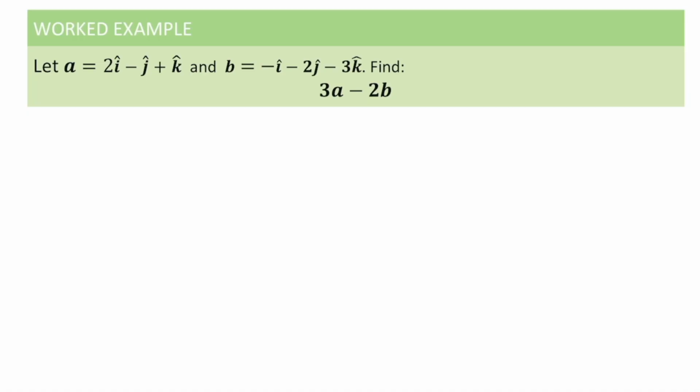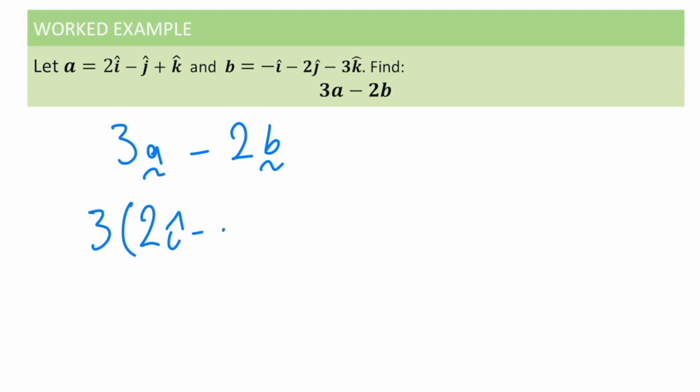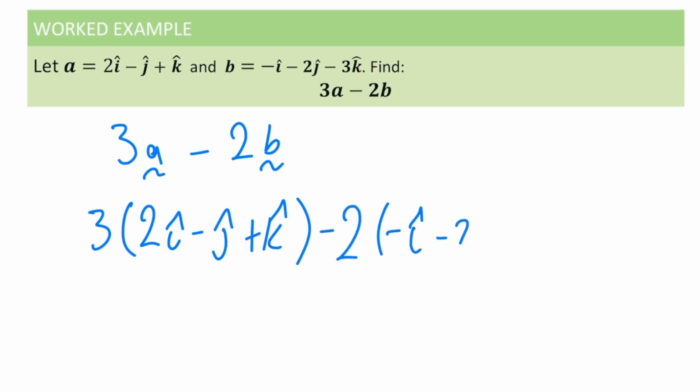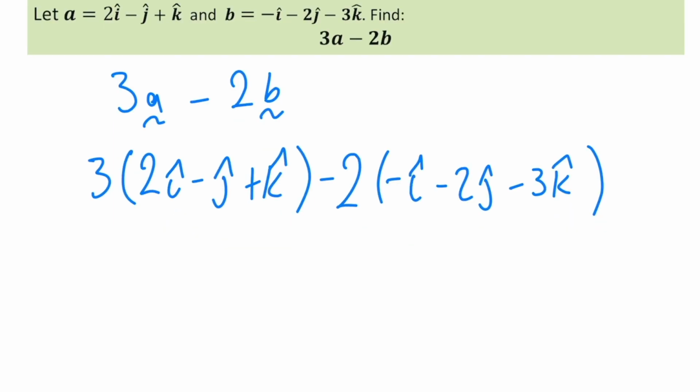So, I want to start with 3a minus 2b, and I put these little squiggles underneath my a and b to show that they're vectors. Well, that's going to be 3 outside of 2i minus j plus k minus 2 outside of b, which is negative i minus 2j minus 3k. So now all I have to do is expand.